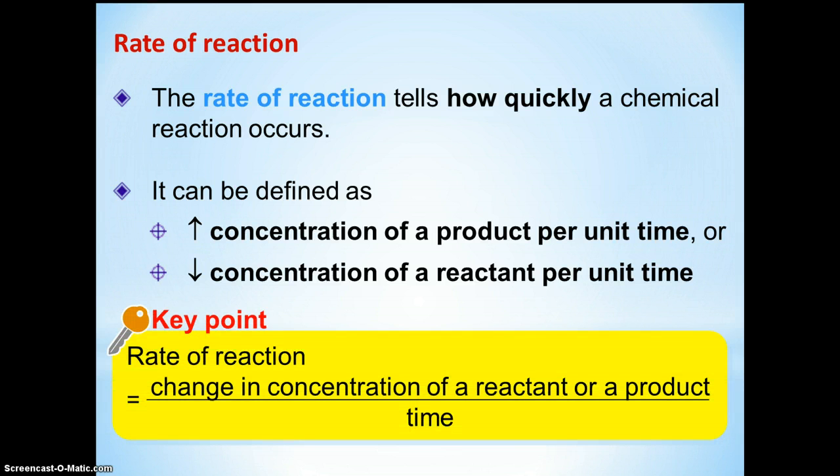So we can actually show a key point here: representing the rate of reaction in terms of a mathematical representation. It's the change of concentration of a reactant or product over time. But it's rather interesting when we learn how to really calculate a rate of reaction.